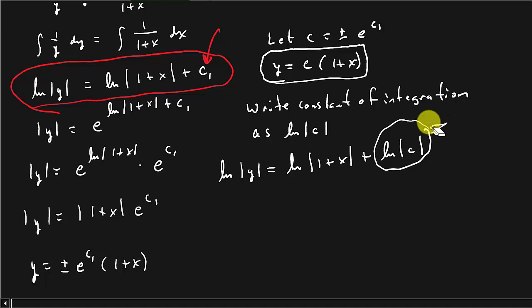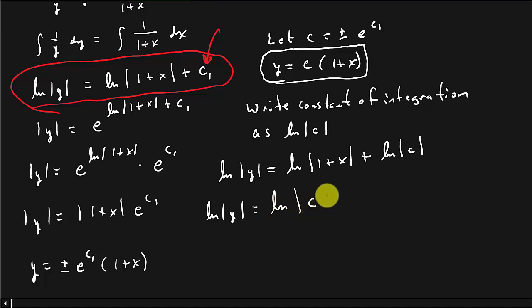This may make it a little easier for us to simplify it. So if you look at this, we've got natural log y is equal to the natural log of c times 1 plus x.